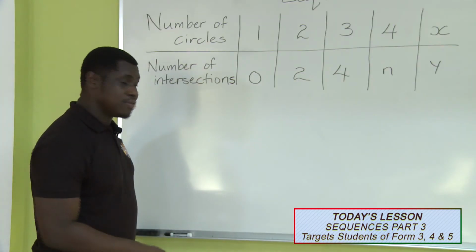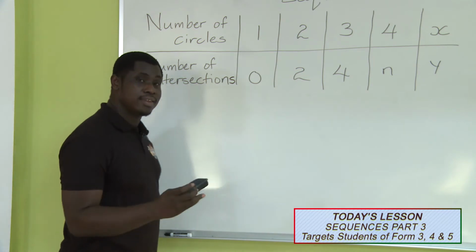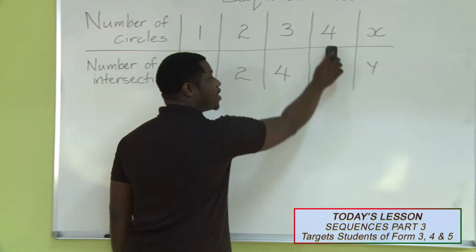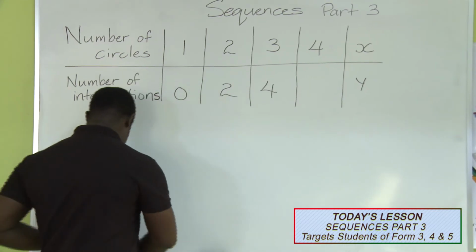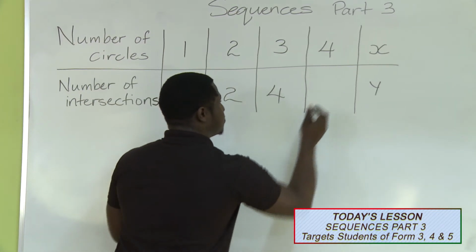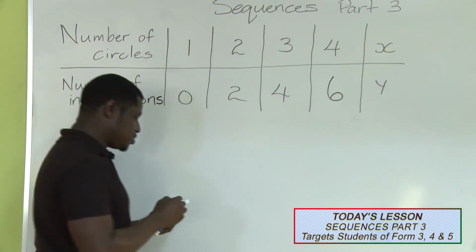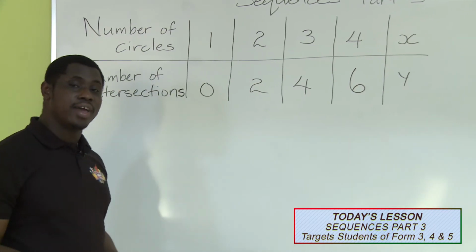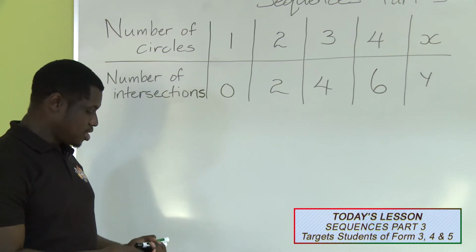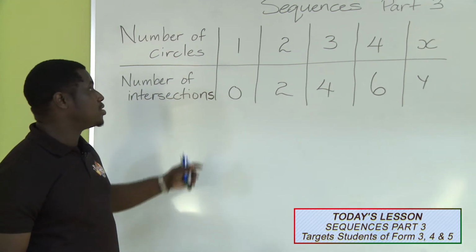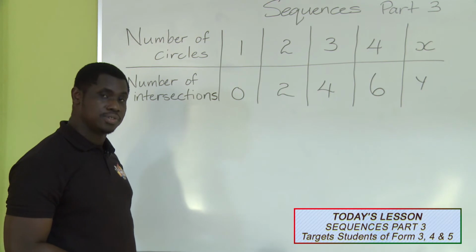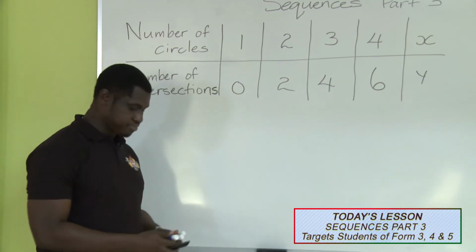But we recall, we found that n is equal to 6 when we had 4 circles; we had 6 points of intersection. So we're going to try to identify a mathematical rule that will tell us the number of intersections based on the number of circles. Let's try it out.